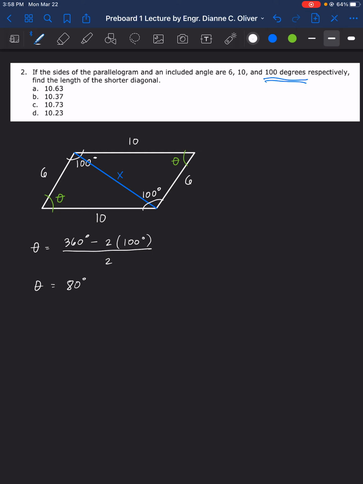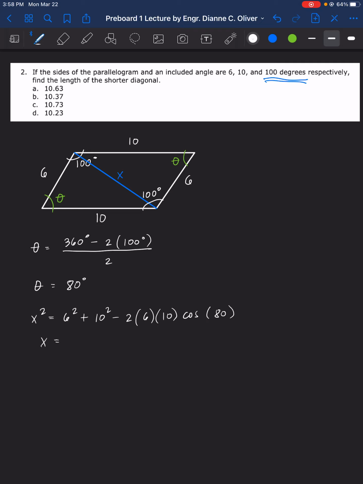Now to find x, we have the cosine law: x squared is equal to, adjacent to the angle theta, 6 squared plus 10 squared minus 2 times 6 times 10 times cosine of 80 degrees.